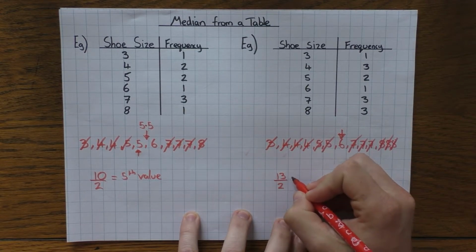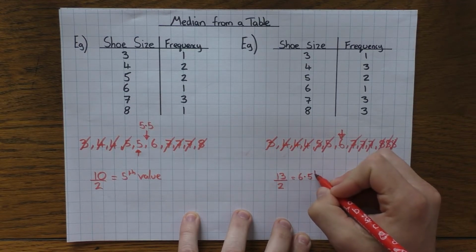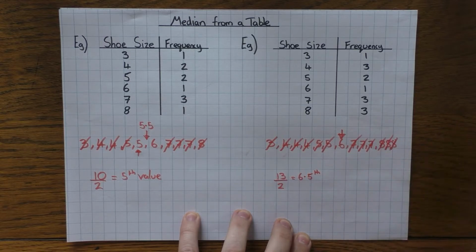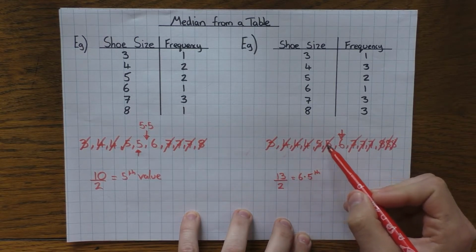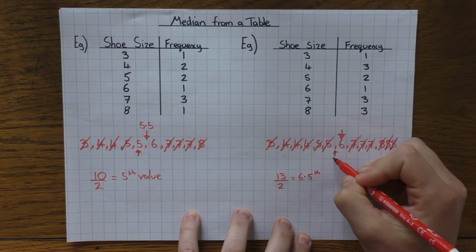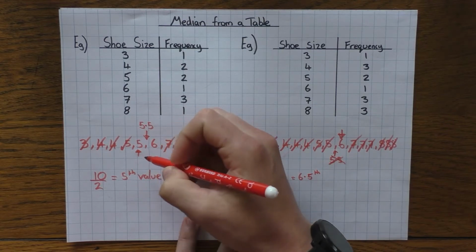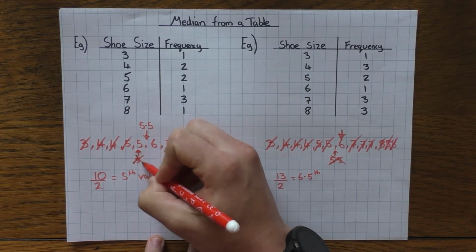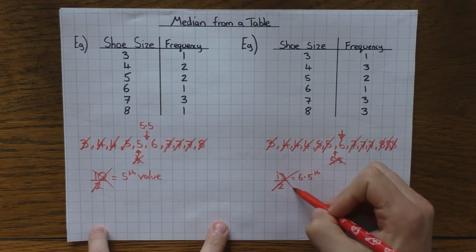If you half it, you get the 6.5th value. In which case, 1, 2, 3, 4, 5, 6, it would tell you the median is actually 5.5, which of course is wrong. These are both wrong. So by doing that method, it doesn't work.